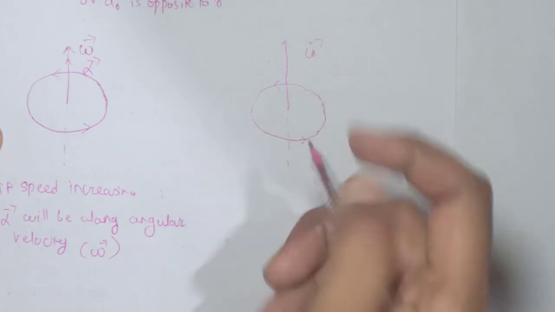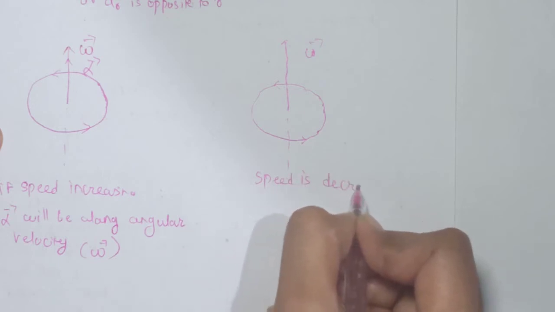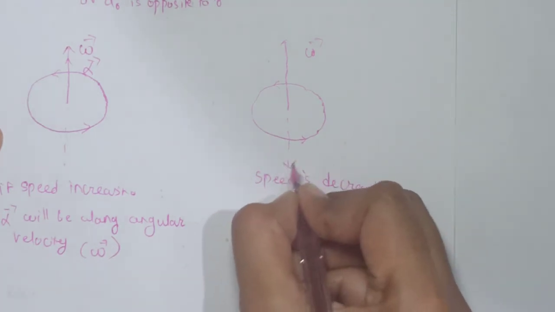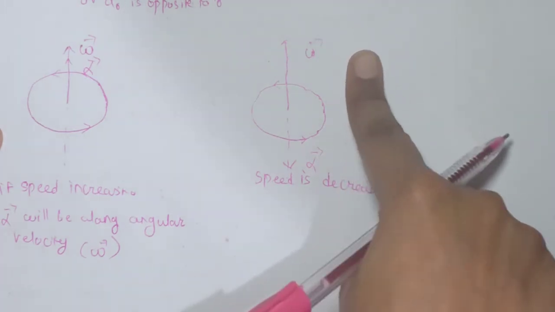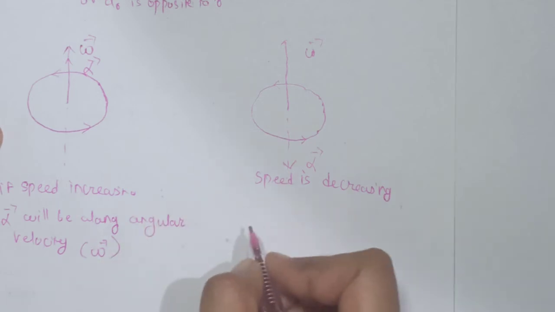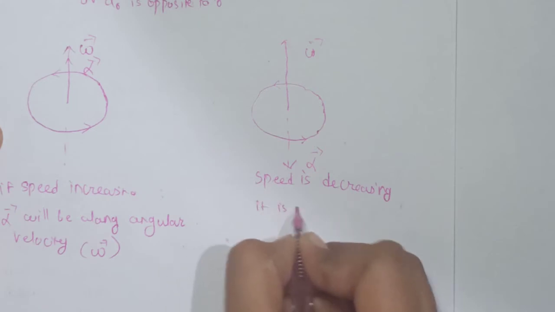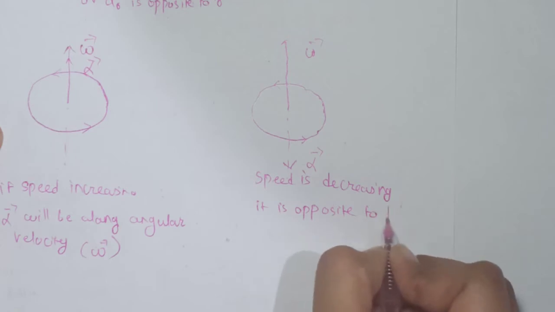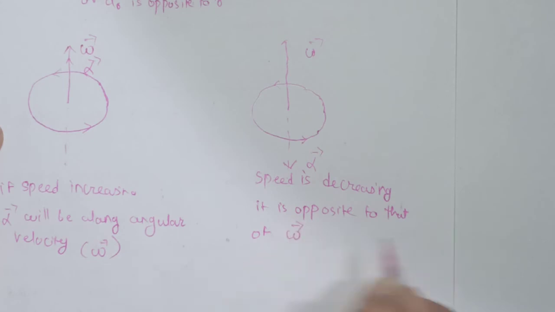But consider in this case that the speed is decreasing. So the direction of angular acceleration will be opposite to that of angular velocity, that is, opposite to vector omega.